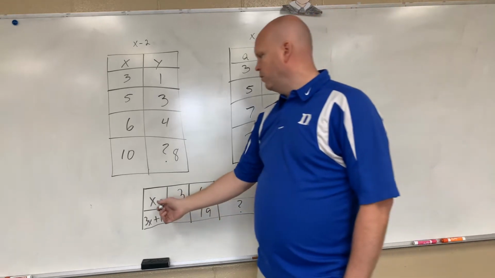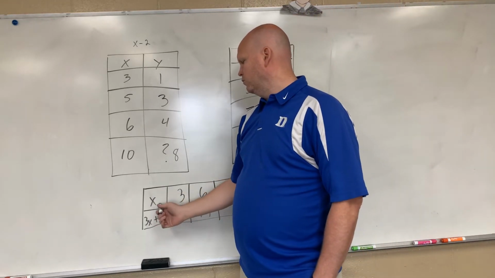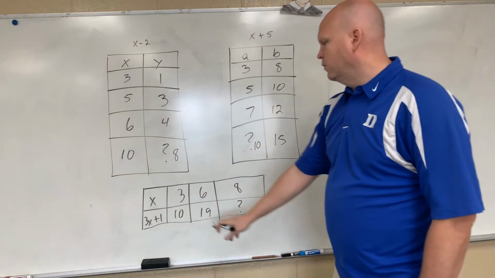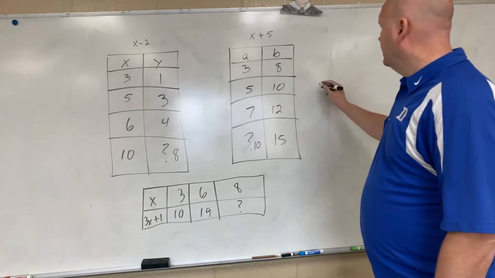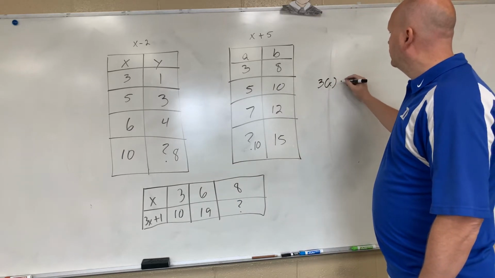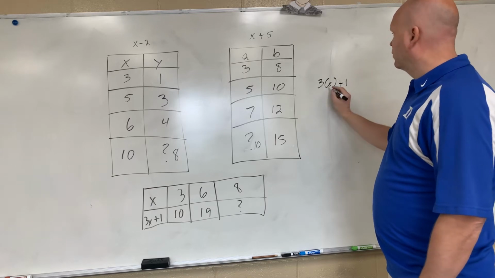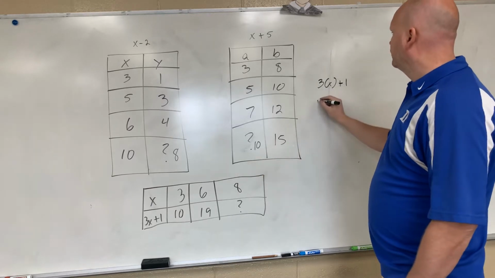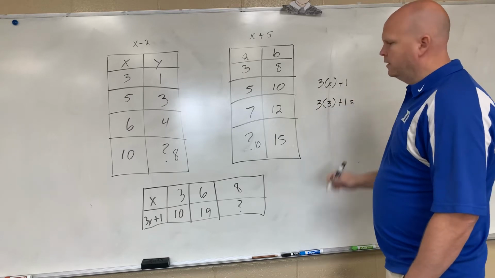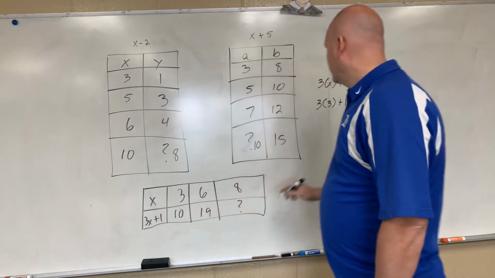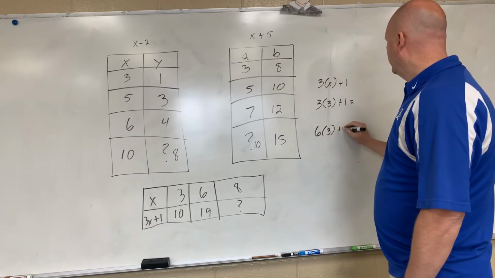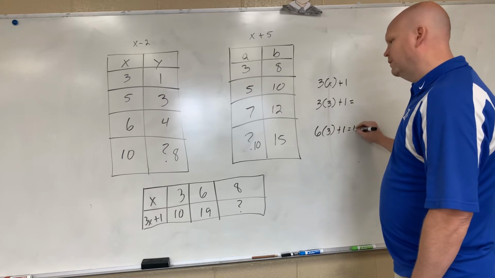Down here it's a little bit more complicated because the output is whatever you have for x, you put it in this equation. So if they give us the value of 3, that means I put 3x plus 1, and I'm going to replace the x with the value here. So 3 times 3 plus 1 equals 10. So same thing here, 6 times 3 plus 1 equals 19.